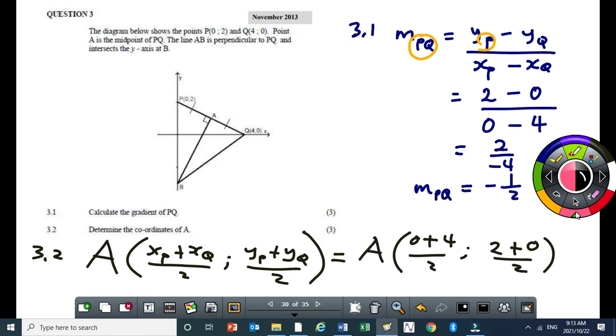So the final answer, I'm just going to write it down here. Please be aware that we are dealing with a point. So you don't write A equal to. It will be point A, 4 divided by 2 will give you 2, and 2 divided by 2 will give you 1.